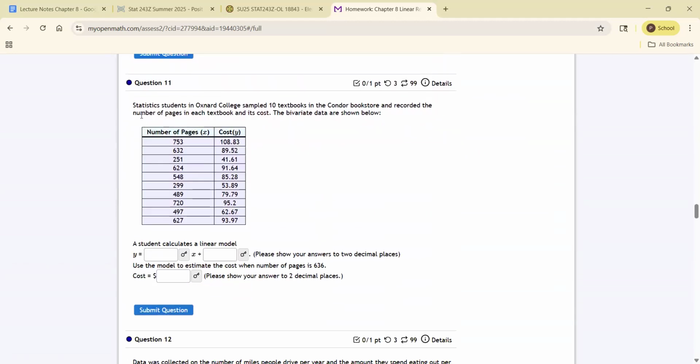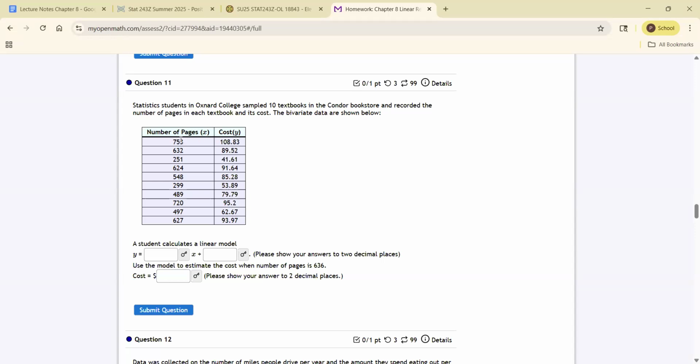Here we go. So statistics students in Oxnard College sampled 10 textbooks in the Condor bookstore, recorded the number of pages in each textbook and its cost. So we have a continuous variable, which is our x, and you can see it takes values between about 250 up to about 750.